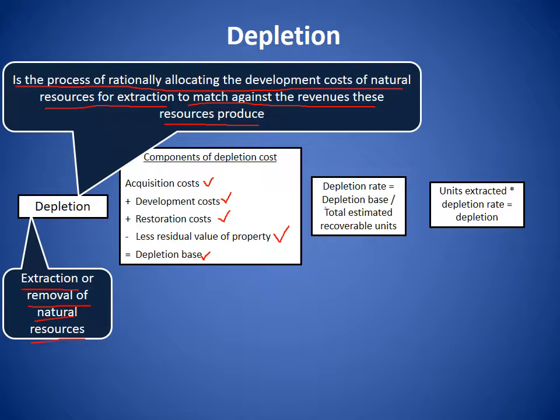It's our depletion base divided by the total estimated recoverable units of that resource. And then when we calculate depletion, it's going to be the units extracted times the depletion rate, which will equal our depletion expense or depletion costs.